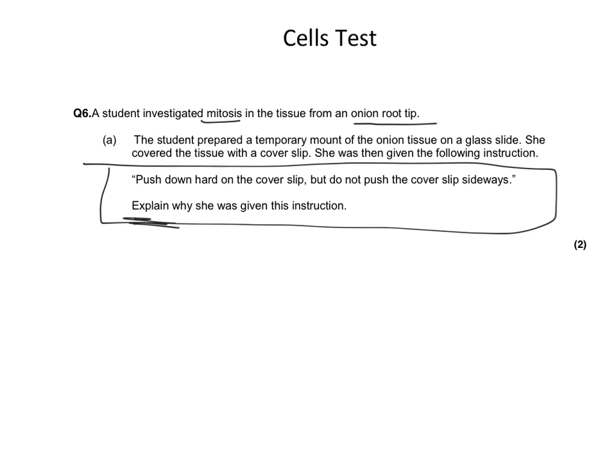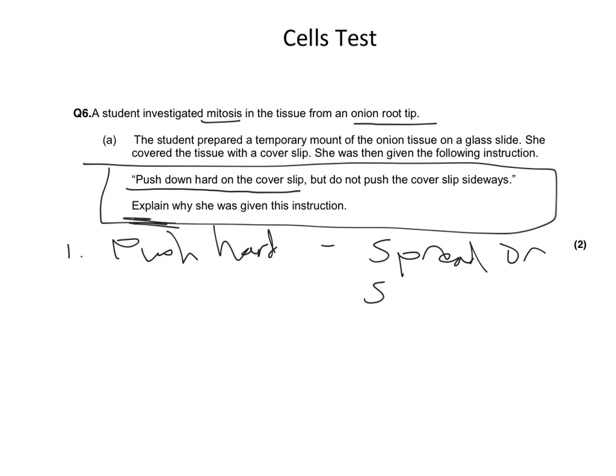Well, we can split it up into 2 things. First of all, push down hard on the cover slip. That's the first point. Pushing hard spreads the tissue, doesn't it? That's what we're doing, spread or squash the tissue. So that's for the first mark, and then we've got to say, why do you not push the cover slip sideways?